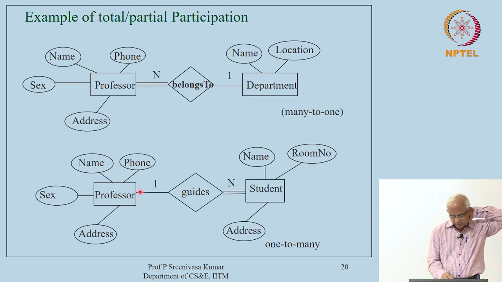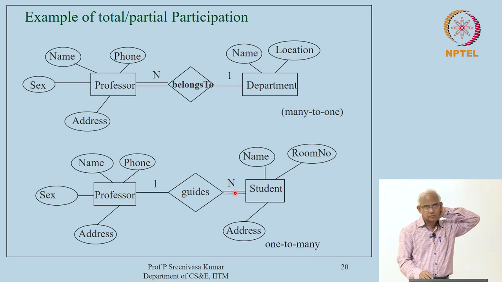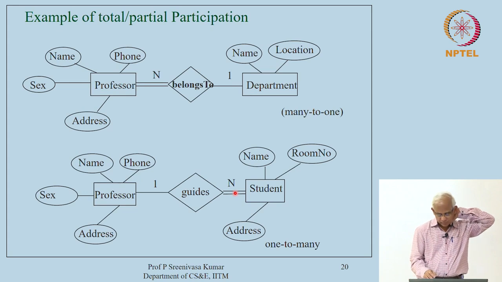So, the one here indicates that each student is guided by at most one professor. And he should be guided by at least one professor is what total participation now says.